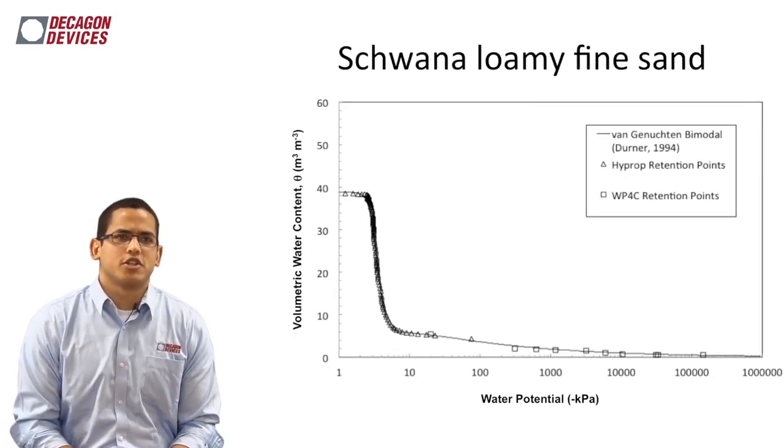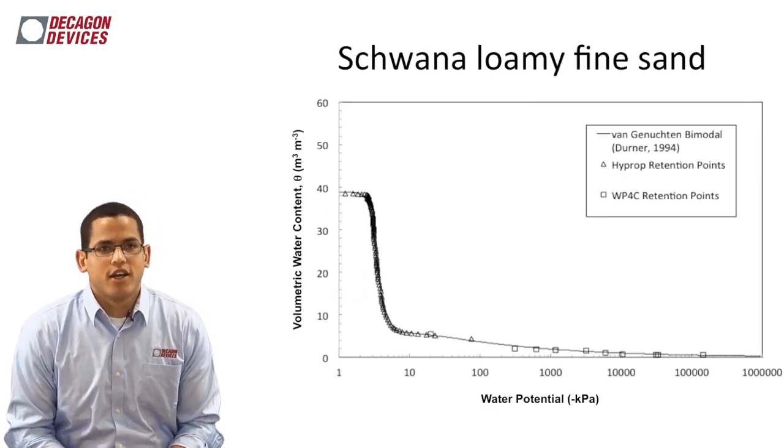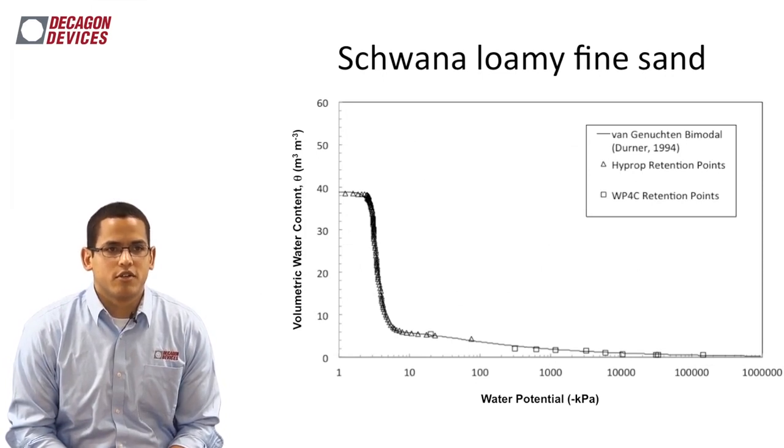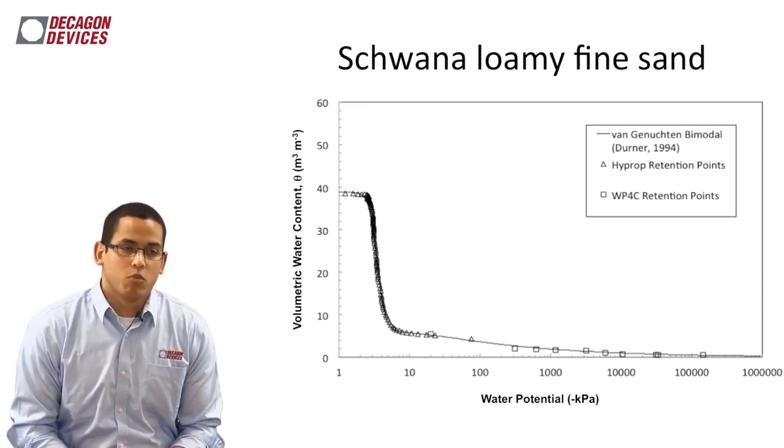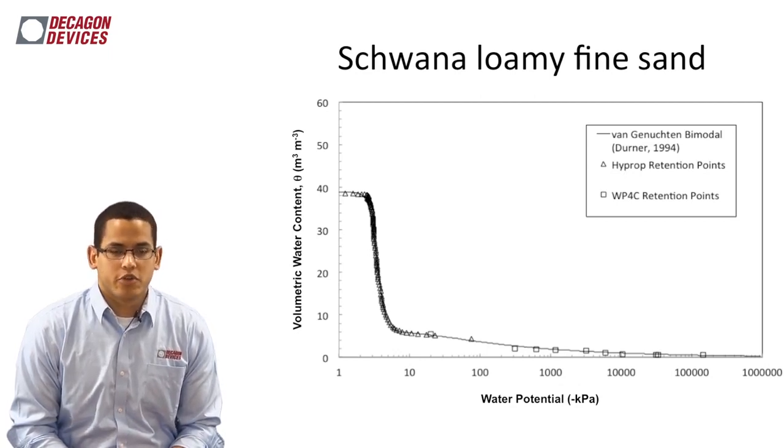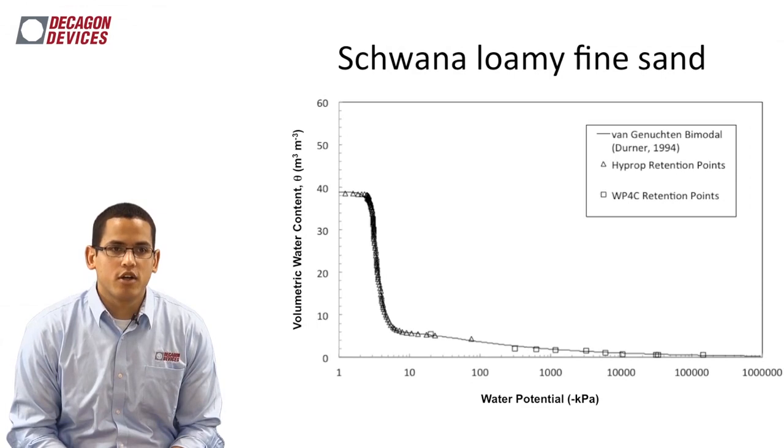But here's that Schwana loamy fine sand. And what we're looking at here is the triangular data points are data points generated by the HyProp. And you're looking at water content on the y-axis, volumetric water content, and water potential in kilopascals, or negative kilopascals, on the x-axis. And then we have square data points generated by the WP4C.